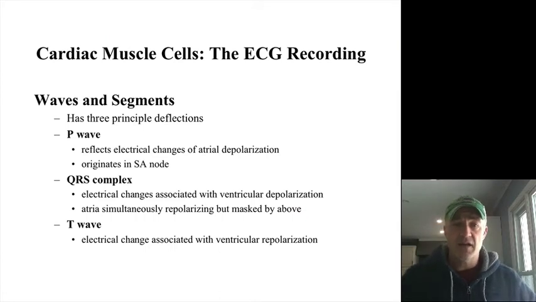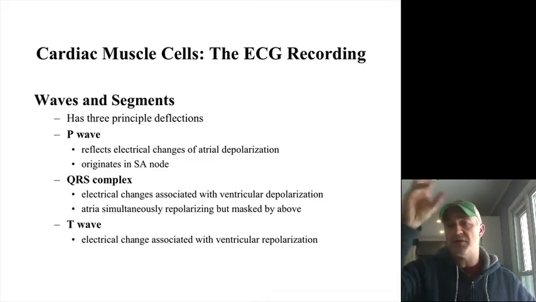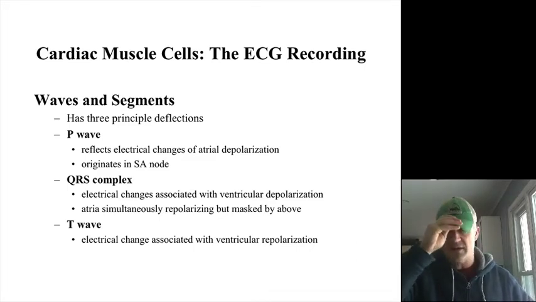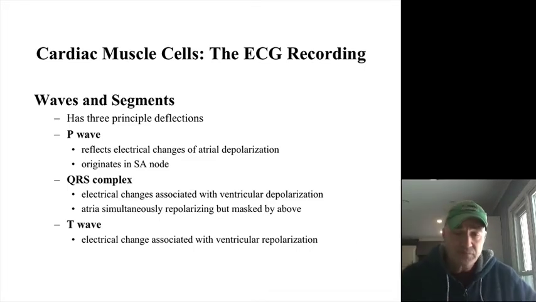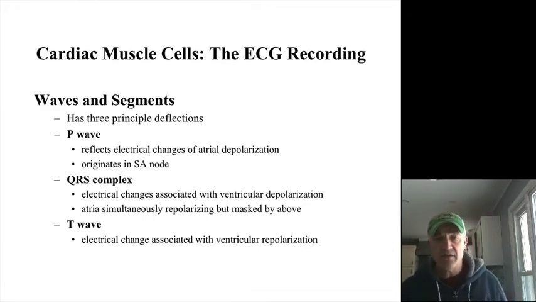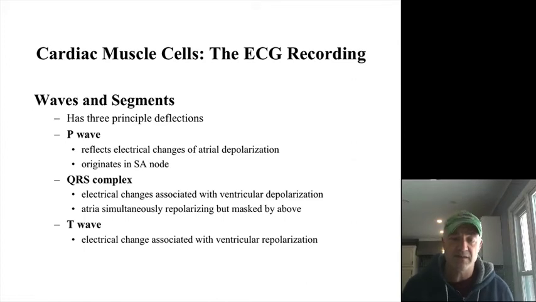We're going to see that there are three main waves to this, three principal things where you're getting a big movement. You have what is called the P wave, which is electrically showing depolarization started by the SA node but leading to that atrial depolarization. You then have the QRS complex, which is that depolarization traveling down to the apex of the heart and working its way up the outsides.